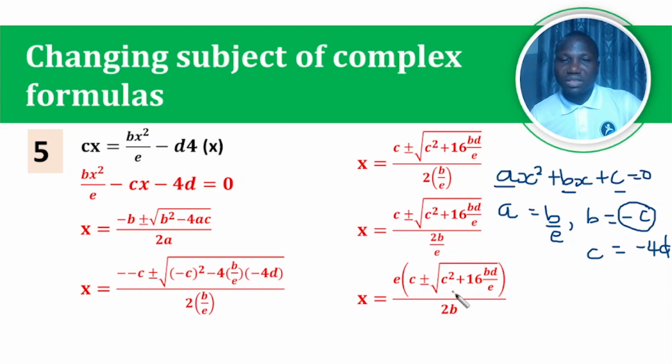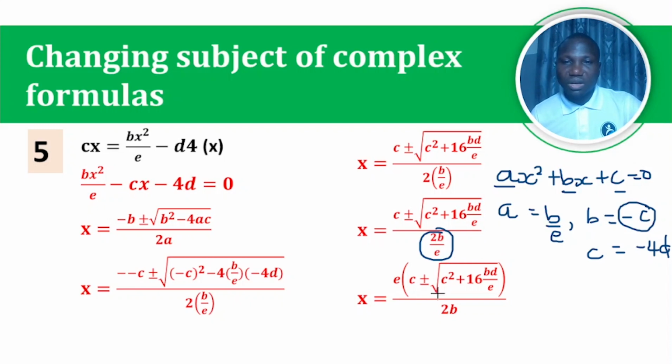Now, what do you do when you have a fraction? That is, when division is involved in your fraction, you turn the division to multiplication. So if we turn the division here to multiplication, the e here will go up to multiply the numerator, then the 2b comes down.